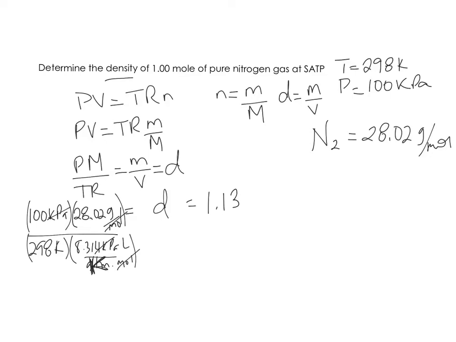Don't know what I was thinking there. Kelvins cancel. So now we're left with the units grams per liter. So the density of nitrogen gas at SATP is 1.13 grams per liter.